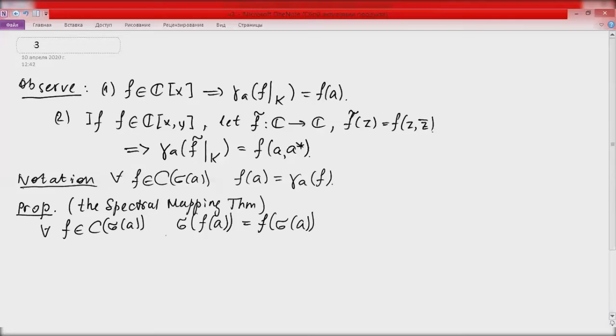So the following nice formula holds. We already know that this formula holds for each polynomial and for each element in an arbitrary unital algebra. And now we are going to show that the same formula holds for each continuous function.